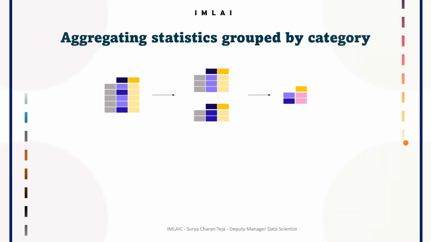So the mean of male will be calculated here, and the mean of the female will be calculated here, and then it will be put into the final result, the final data frame. Here you can see the male information and then the female aggregation. So both you can clearly find out. So let's do one example so that we can have a clear picture.